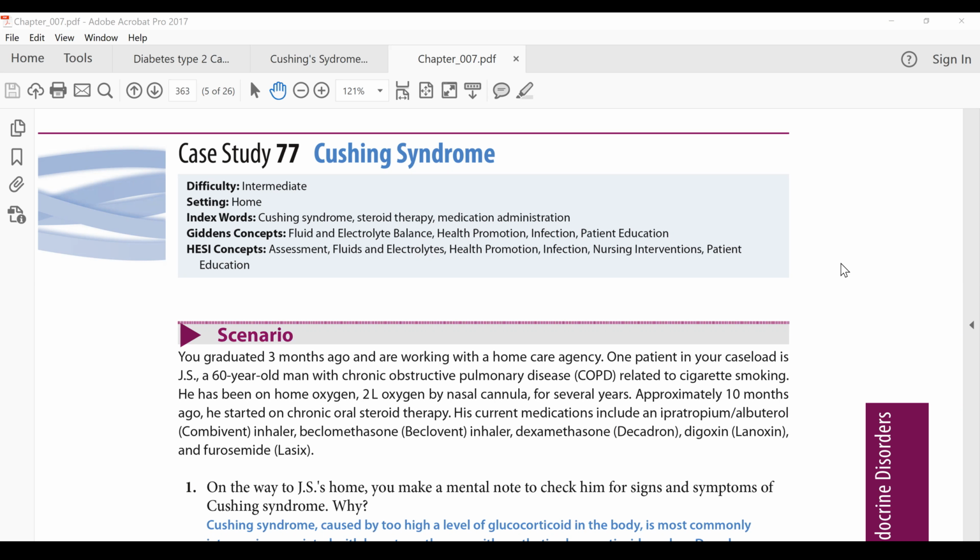That would be an external cause. You're correct. So any type of prednisone therapy. So anything with those "sones" on the end, so dexamethasone, prednisolone, those are going to be your steroid medications, okay?